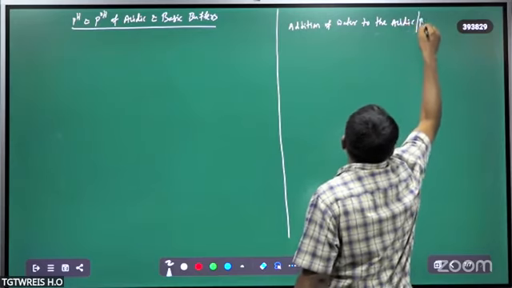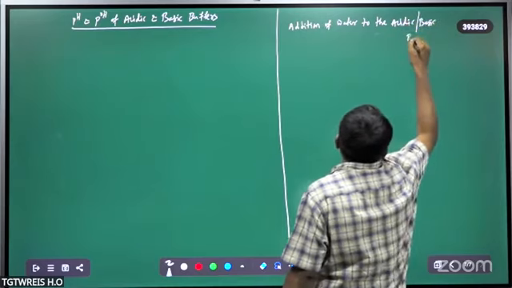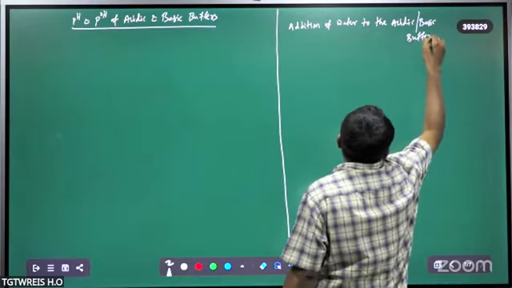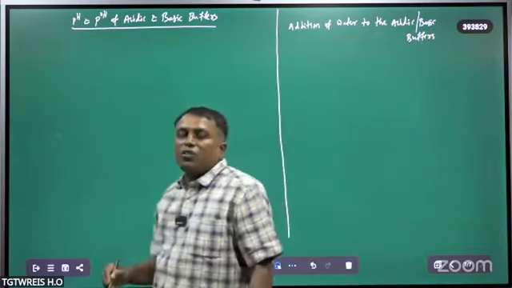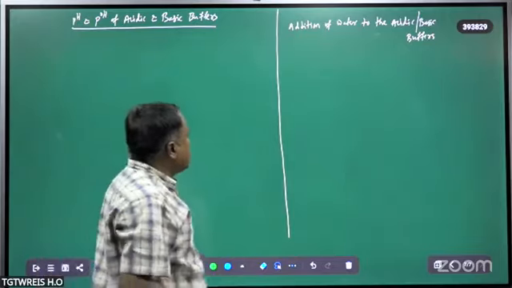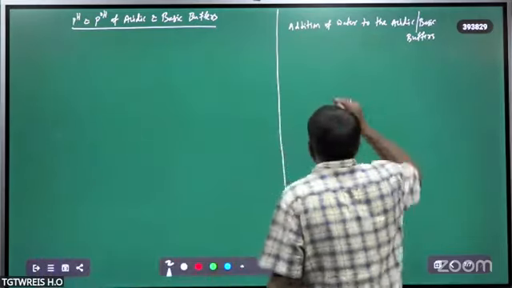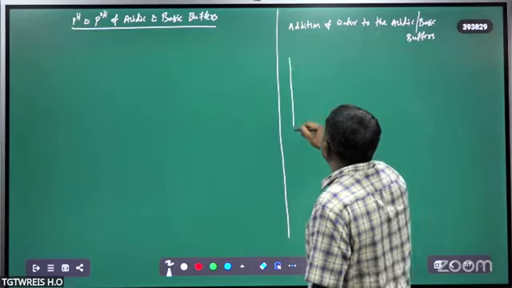Acidic or basic buffers, what will happen on adding water? There will be a negligible change in the pH. For example, take one container.